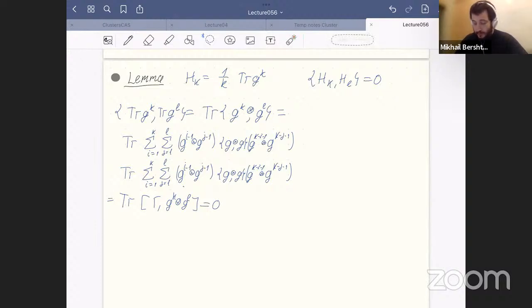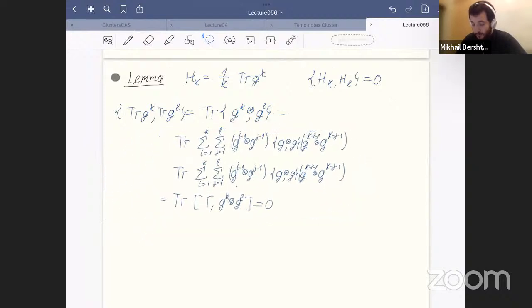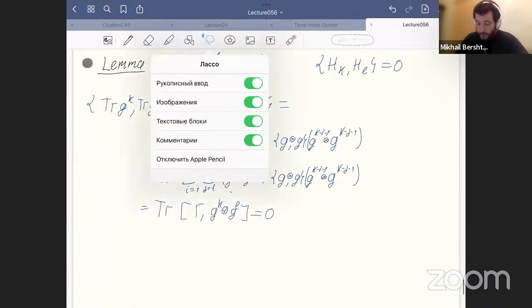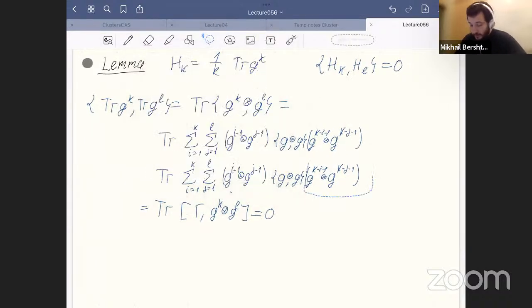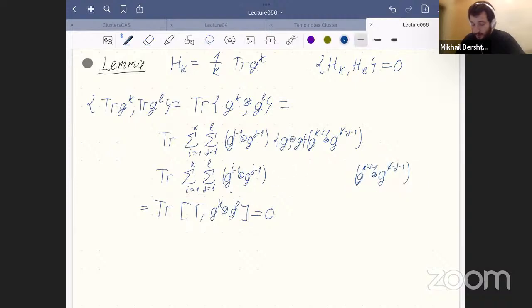Now, if we compute the bracket between these two things, then we should pick one of the factors here, one of the factors here, compute their bracket, and so we get this formula. Now note that this bracket is given by the R matrix.